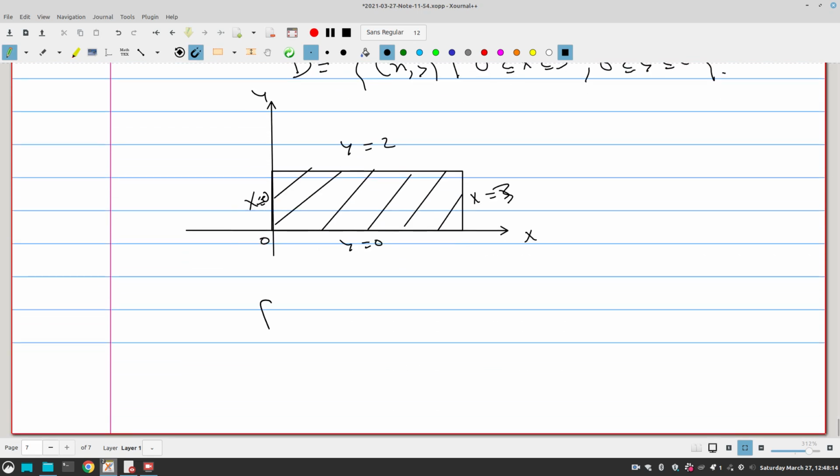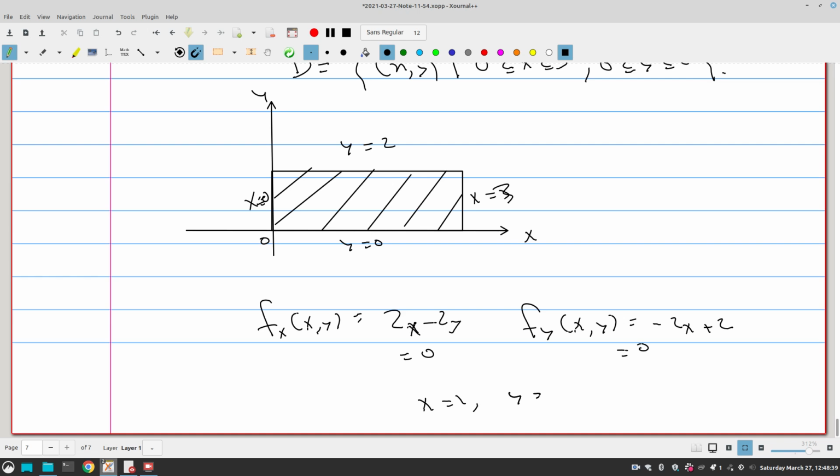So f sub x of (x, y) equals 2x minus 2y, and f sub y of (x, y) equals minus 2x plus 2. You set these equal to 0, and you get x equals 1, y equals 1, and f(1, 1) equals 1.